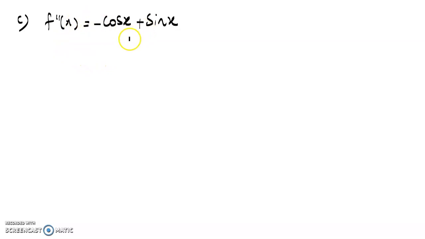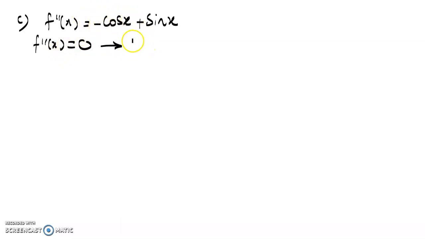Now that we have the second derivative, the second step in order to set up a table of concavity is to find the roots of the second derivative. So I need to start by finding the roots of f double prime, which consists of solving f double prime equals 0.